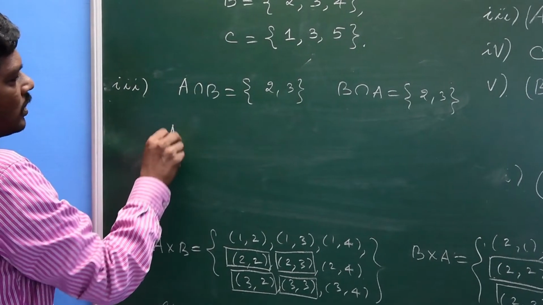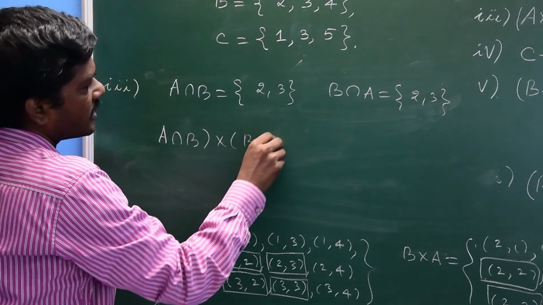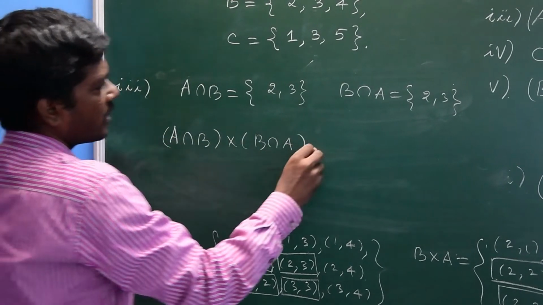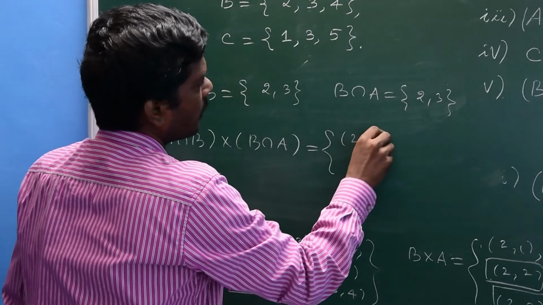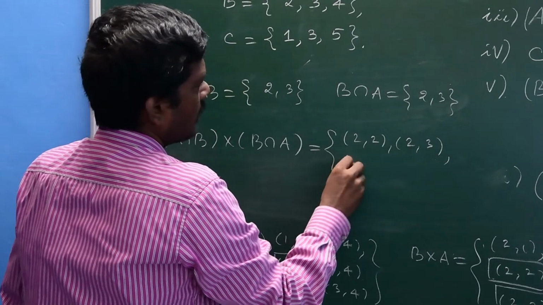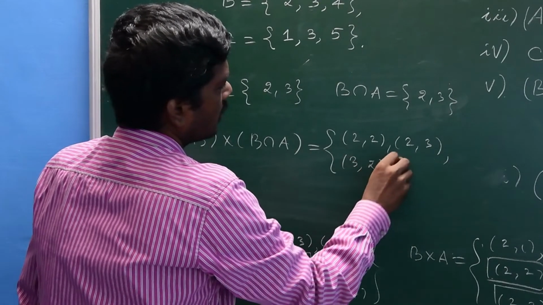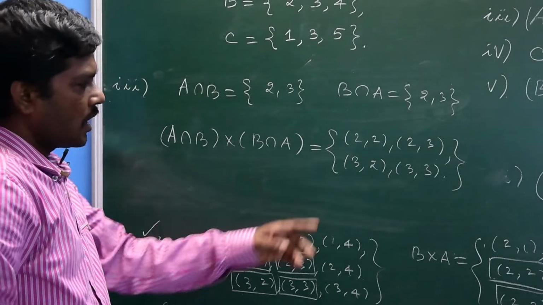Okay. Now A intersection B cross B intersection A has 4 elements, namely 2, 2, 2, 3, 3, 2, 3, 3. So these are the 4 elements.